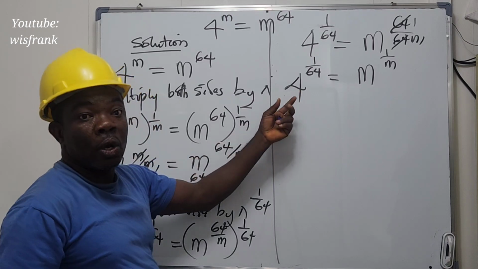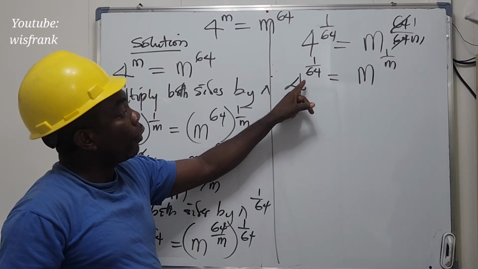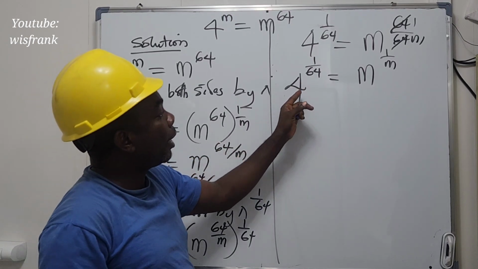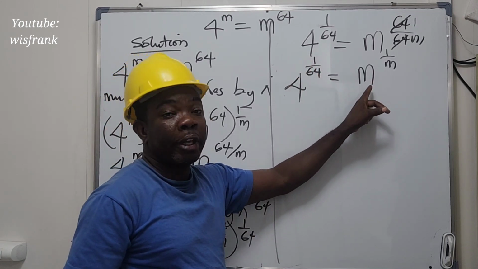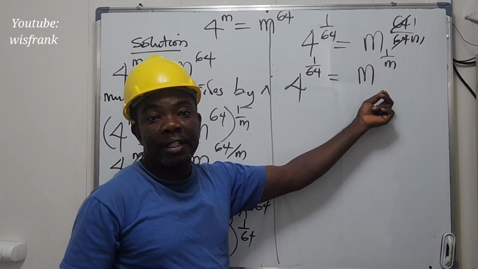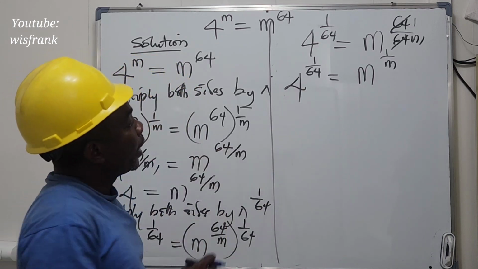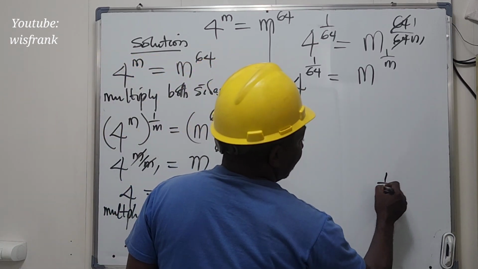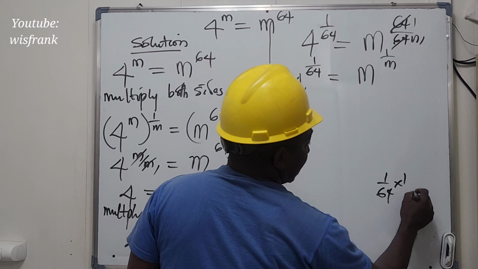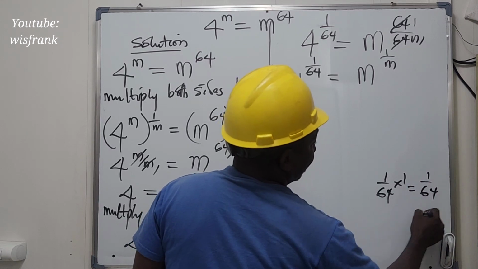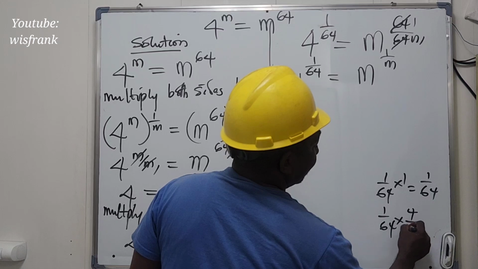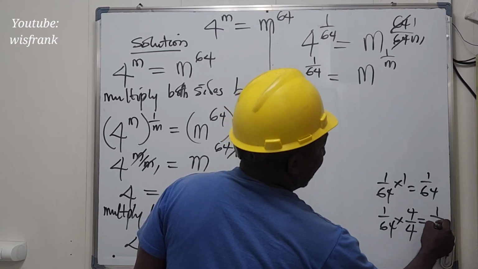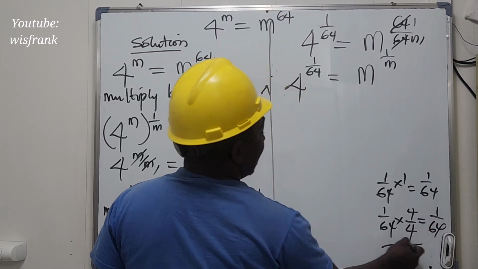So in this case, what we are going to do is look for a way where we have the constant here equals 1 over constant, where we have the variable here equals 1 over this same variable. So here we can see that 1 over 64 times 1 is the same thing as 1 over 64. If we have 1 over 64 times 4 over 4, it is the same thing as 1 over 64. So let's take this.